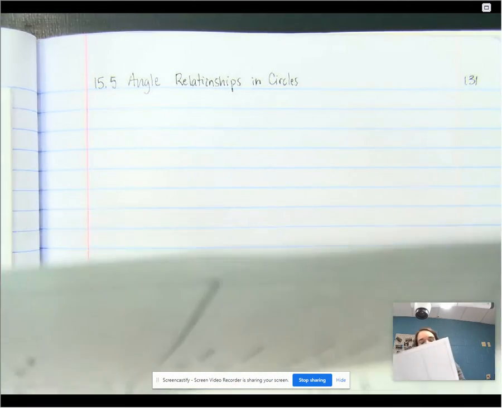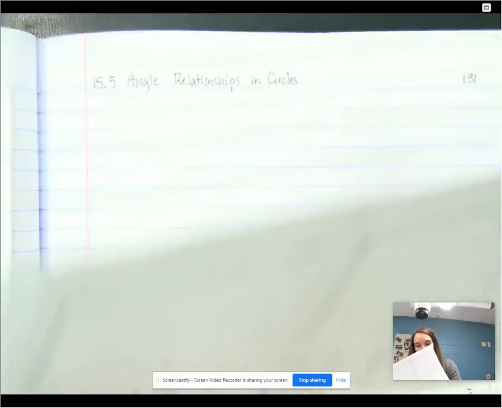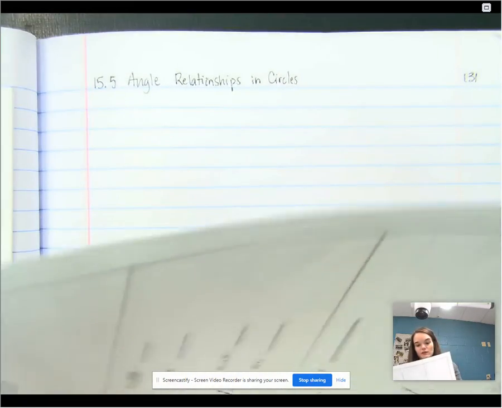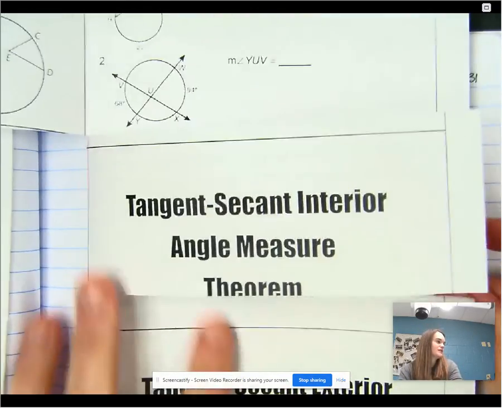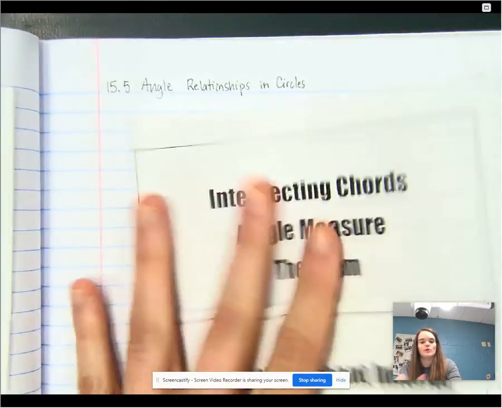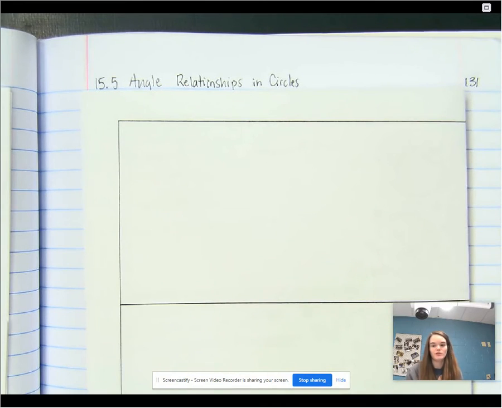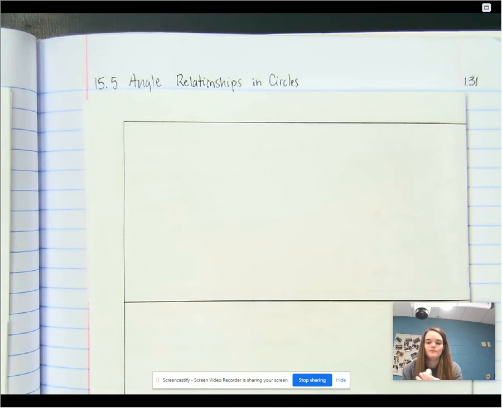Cut from the inside because otherwise you're going to cut the word theorem in half by accident. So see, I got the theorem cut in half. Whoops, oh well. Alright, so we're going to glue that in on page 131, and then we'll get started on the actual examples.